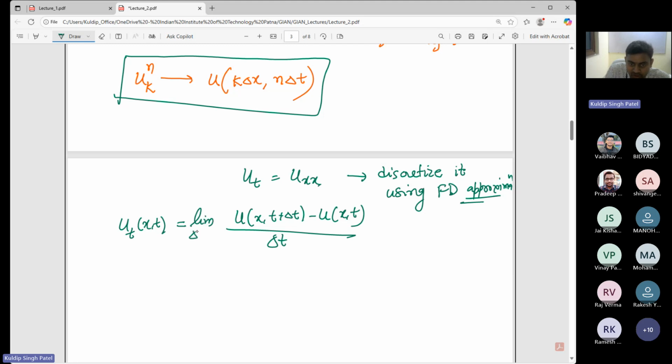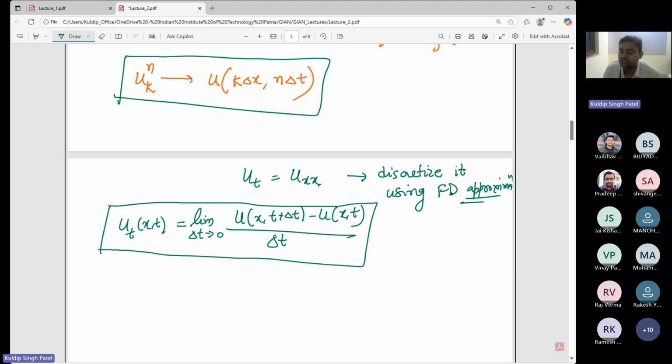How many of you recall this? This is simple class 12, the definition of the partial derivative of a function. I hope you can recall.